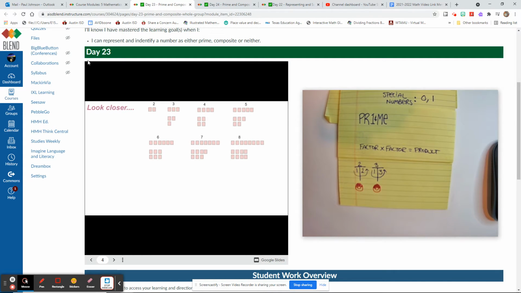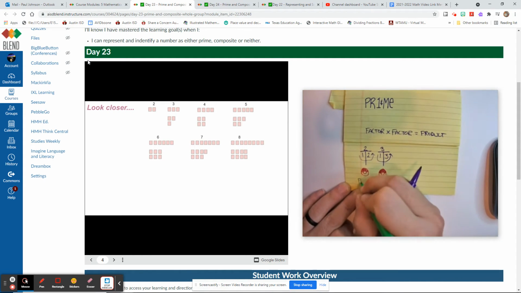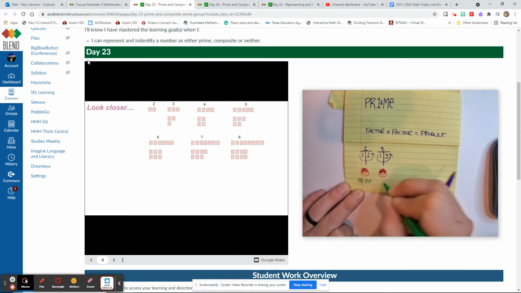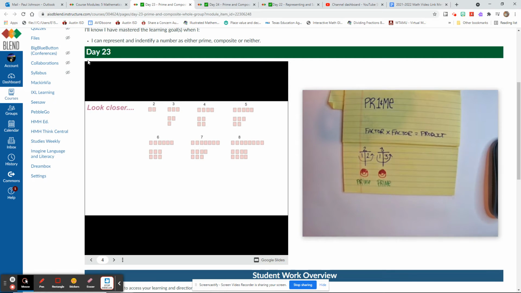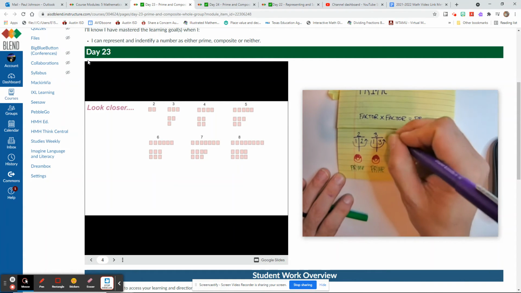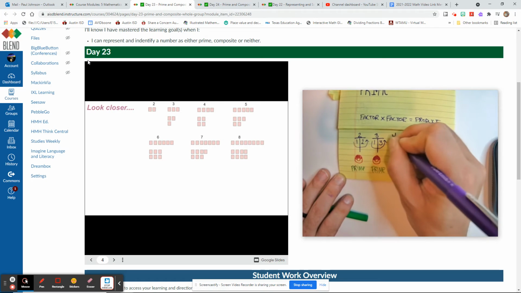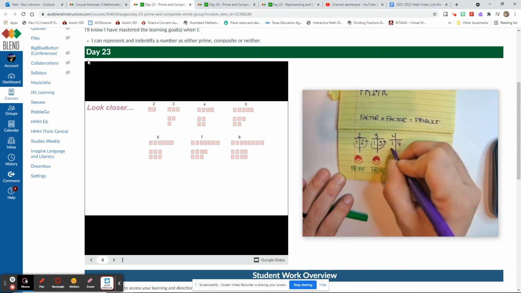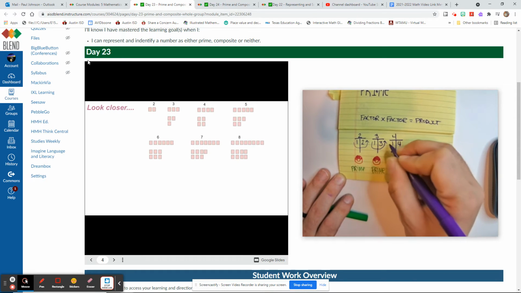Both of these are prime, because the only way that we can make both of these numbers with multiplication is 1 times the number itself. Now, if we look at the number 4, this is where our pattern changes. 4 can be made with 1 times 4, but it can also be made by 2 times 2.